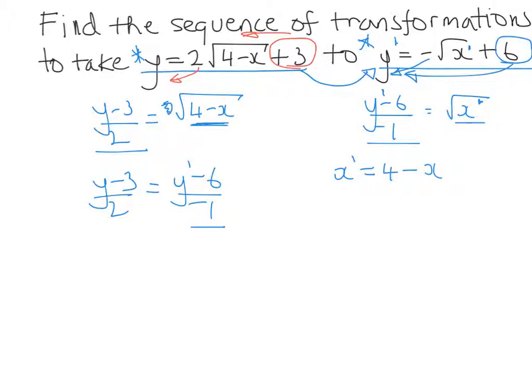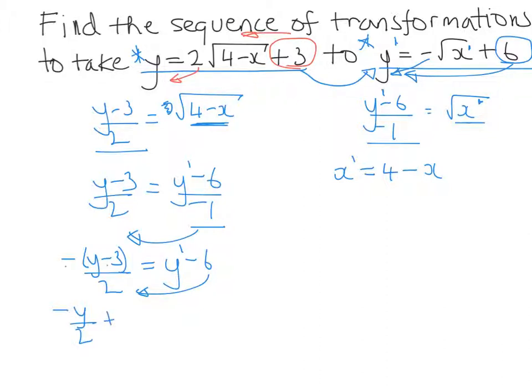I'll take this -1 across here, so that would be minus y minus 3 over 2. And I'll take this 6 across to the other side here. So this will be minus y over 2. Now minus and minus is a plus, and that would be 3 over 2 plus 6, which I can simplify to minus y. Now let's see, 3 over 2 plus 6 is 15 over 2.